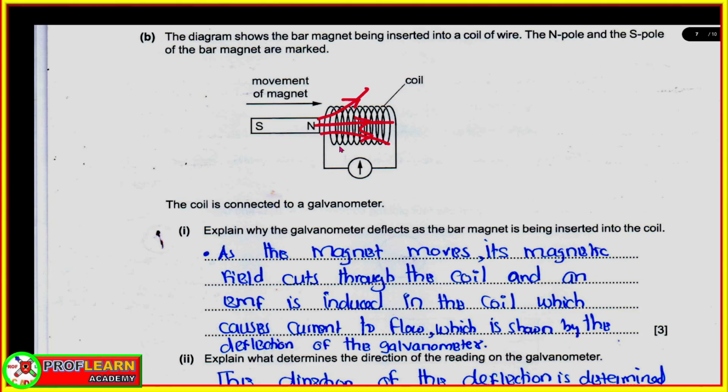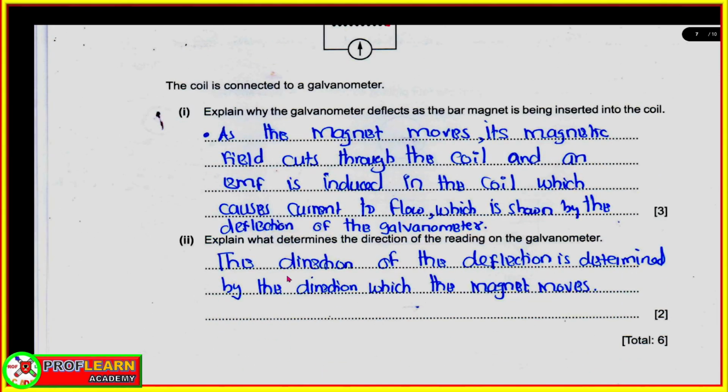And when magnetic fields cut through the coil, we are going to have a change in the magnetic flux, which is going to result in inducing an EMF in the coil. Once an EMF is induced in the coil, it will result in the flow of current in that coil, which is going to be displayed by the deflection of that particular galvanometer.